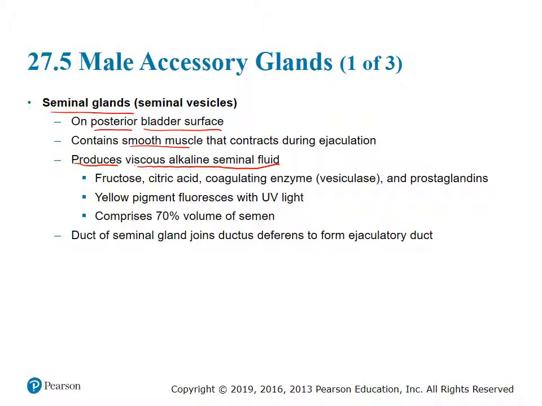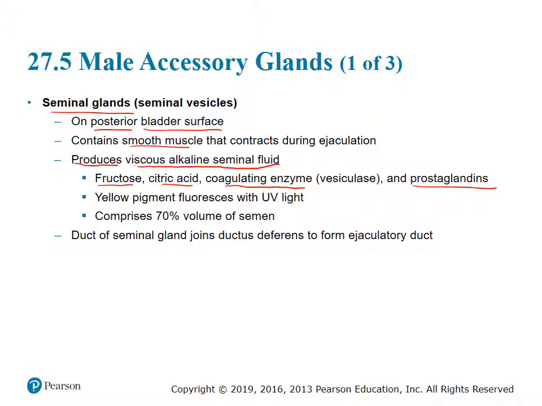And this is made up of the following things: fructose, citric acid, a coagulating enzyme, and prostaglandin. All of these facilitate sperm survival out of the penis and into the vagina.